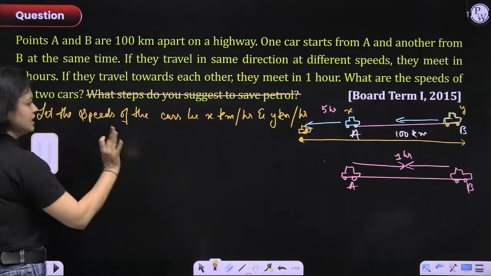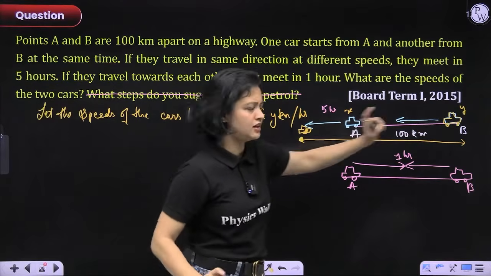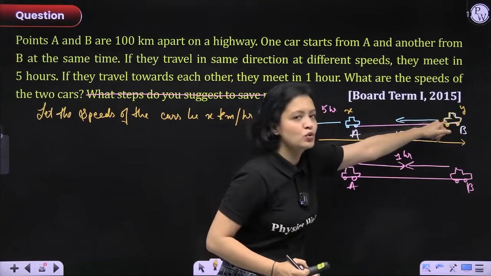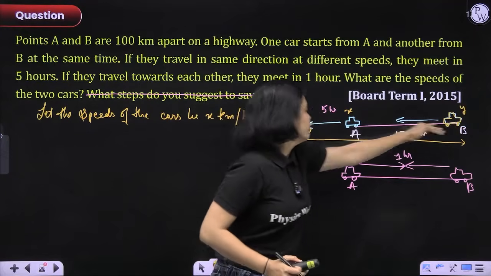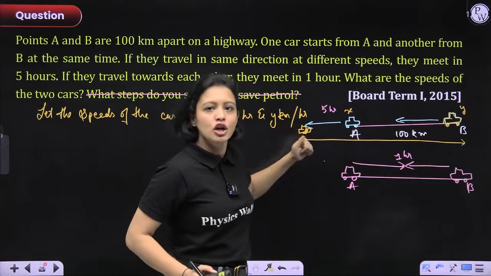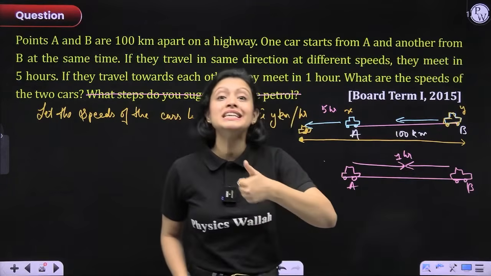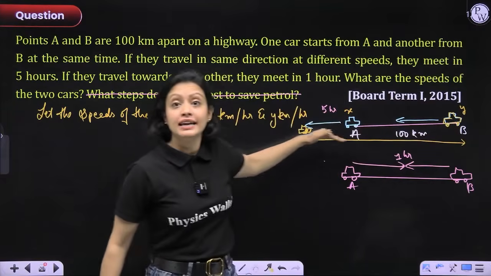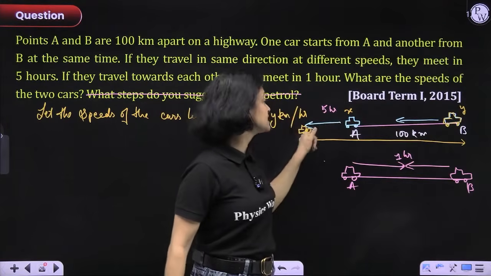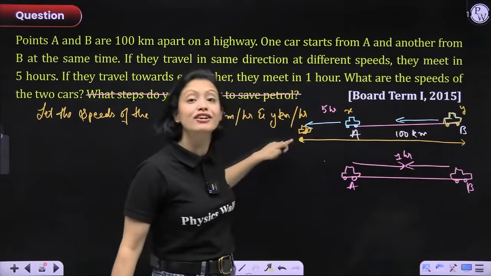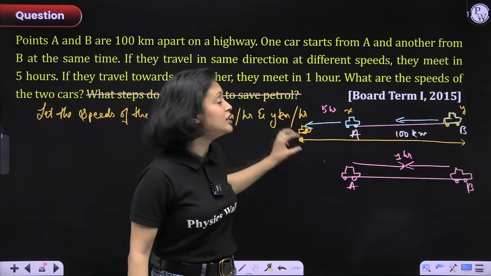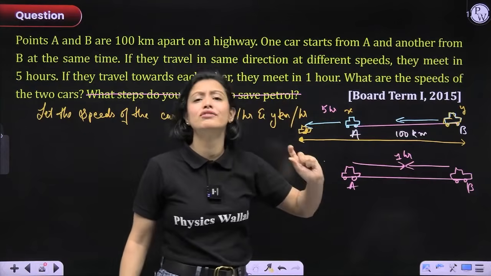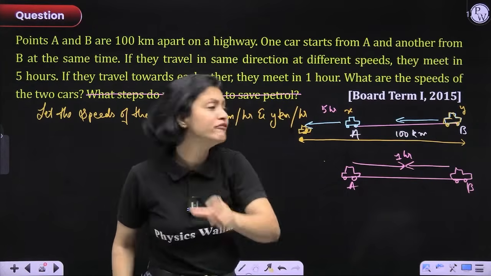So what is the distance covered by this car in 5 hours? Let's just suppose its speed is Y. Distance is speed into time. We know the speed and we know the time, because this car meets the other after 5 hours, so it must have traveled for 5 hours. So after 5 hours, the distance covered would be 5 into Y, 5Y.